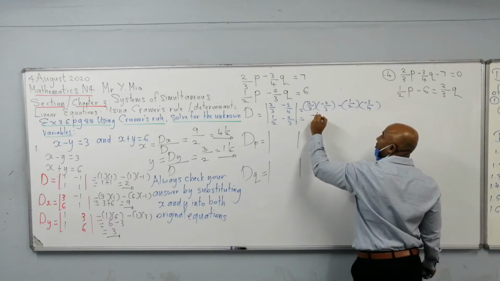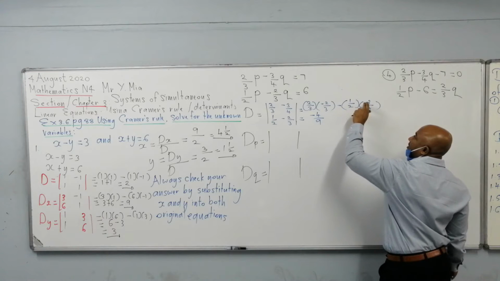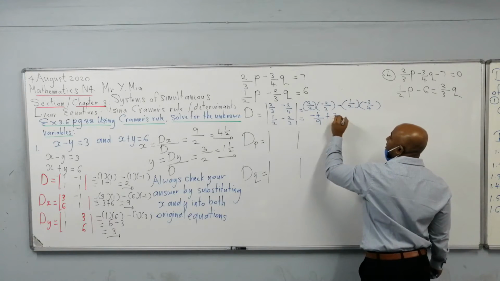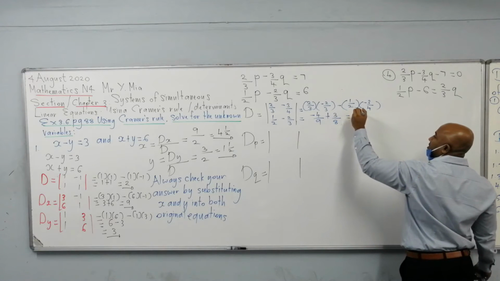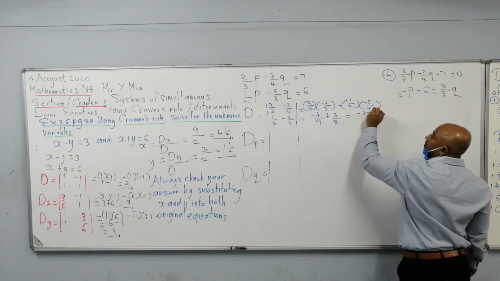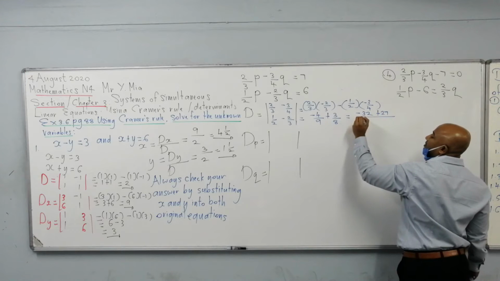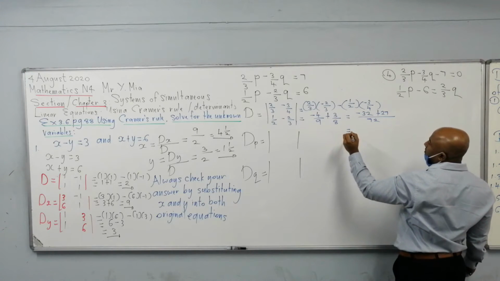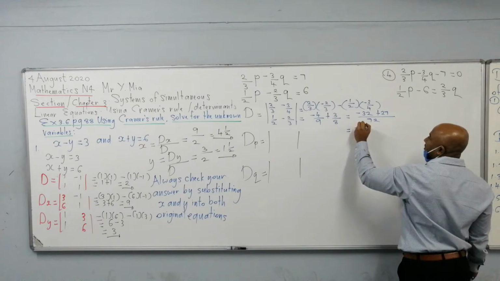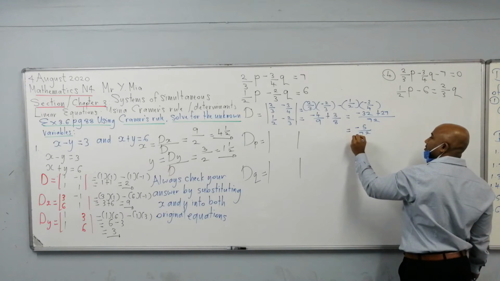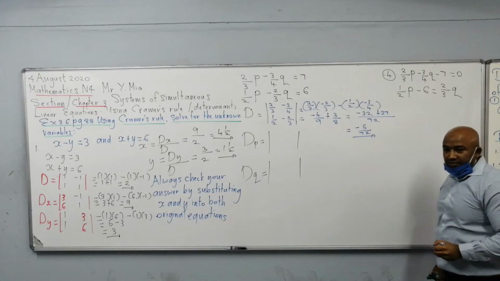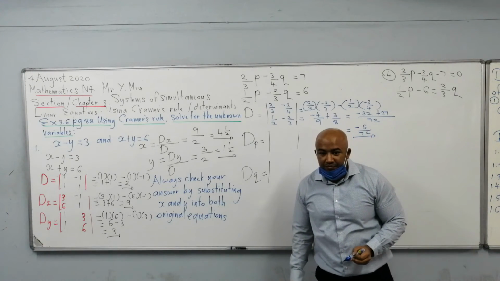So we get minus 4 over 9. Negative and negative is a positive, 3 over 8. So that's going to equal minus 32 plus 27 all over 72, which is equal to minus 5 over 72. You got that? For D, minus 5 over 72.